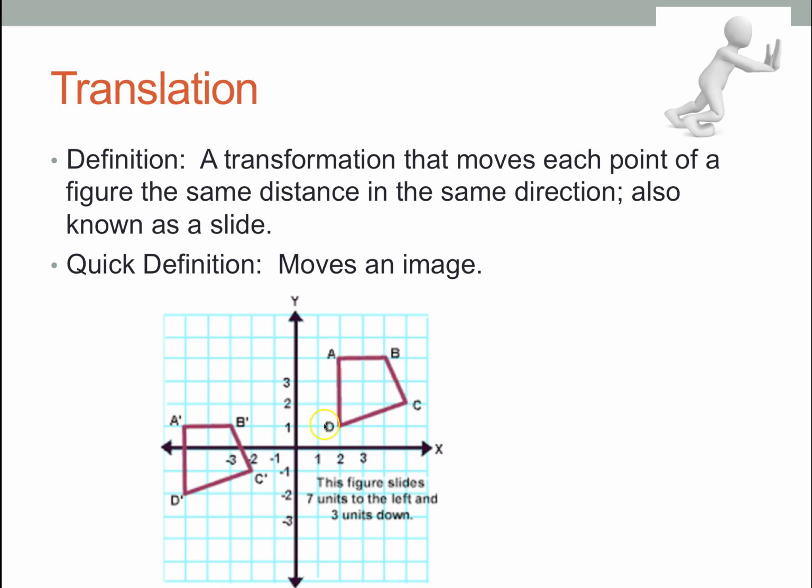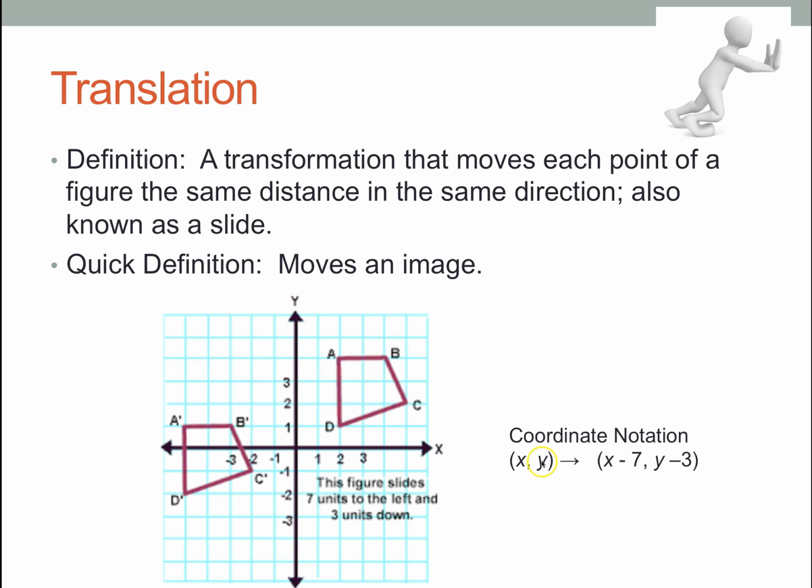Whenever you have a translation, there will be a rule that will tell you how to move the image. So here's how you would write it. There's a notation called coordinate notation, where we start with x, y. Remember in class today we talked about coordinate notation, but x, y would become x minus 7 because we're moving 7 to the left, so it's negative.